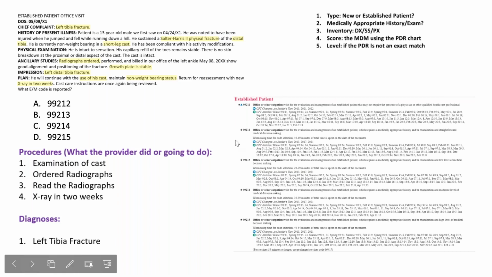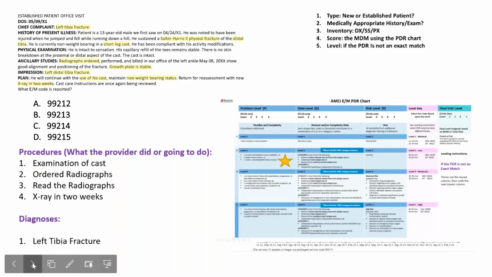We have our established patient codes here, the 992 ones. 99213 is an office or outpatient visit which requires a medically appropriate history and exam.